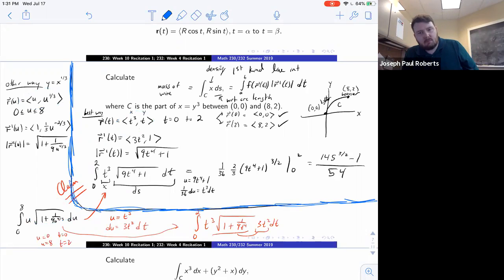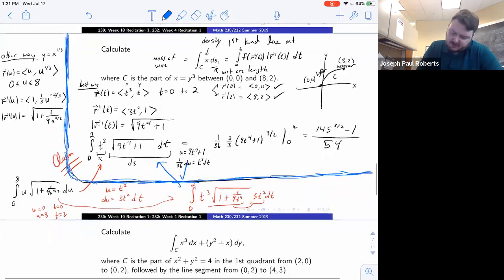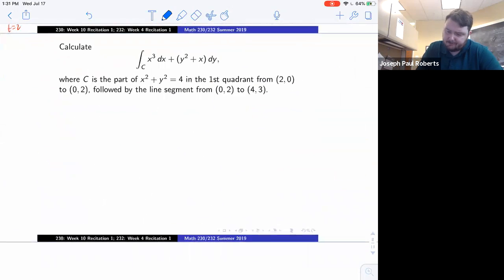But end of the day, rest assured, as long as you're using a correct parameterization, you will get the correct answer. Okay, so anyway, that's that one. Let's just take a look at a couple more.